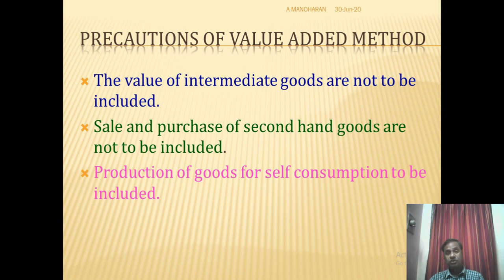Production of goods for self-consumption is to be included. I will give you an example. A small farmer, with a small piece of land, cultivates wheat. He is not selling it in the market, and he is keeping the whole wheat for consumption throughout the year.